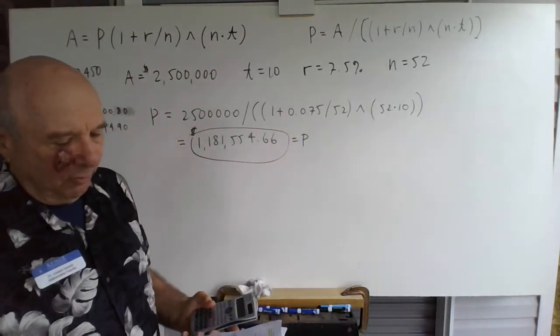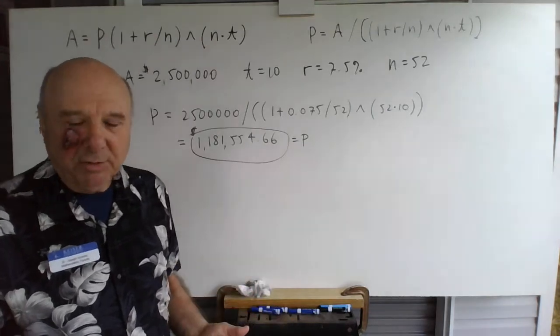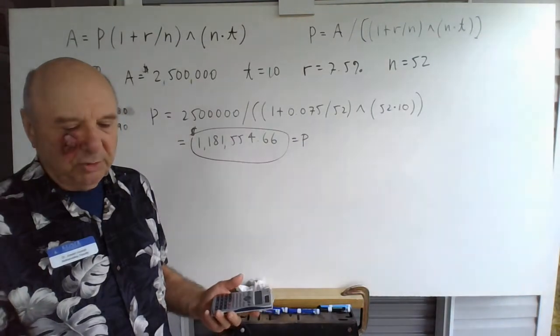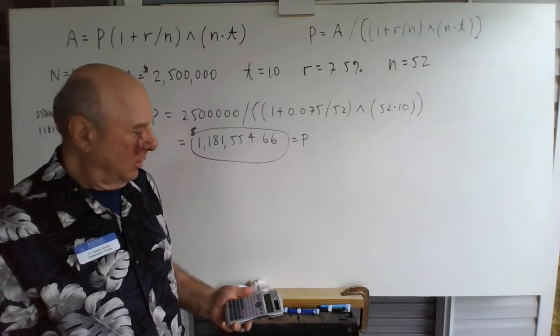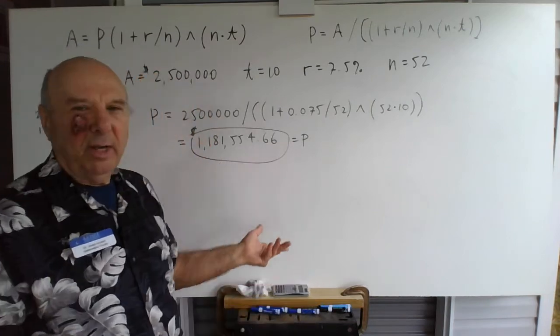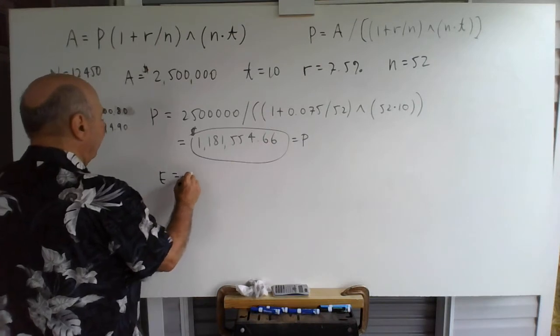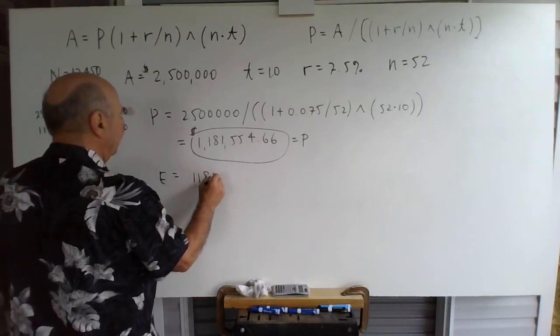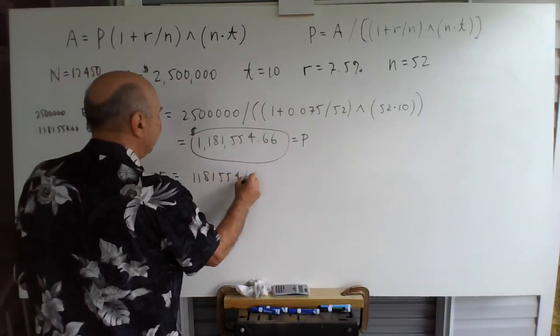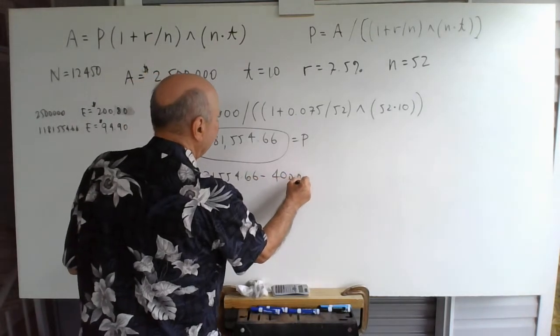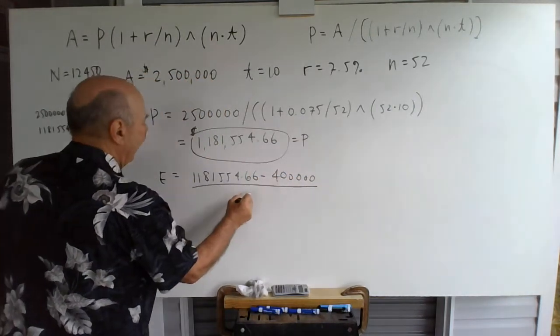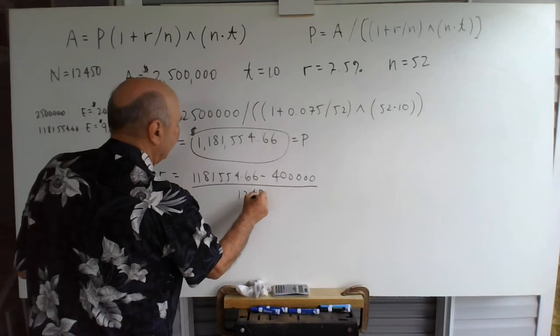If the council receives a federal grant of $400,000, how much will the surcharge be for each resident, taking the grant into account? So each resident would pay 1,181,554.66 minus the 400,000, divided by 12,450.